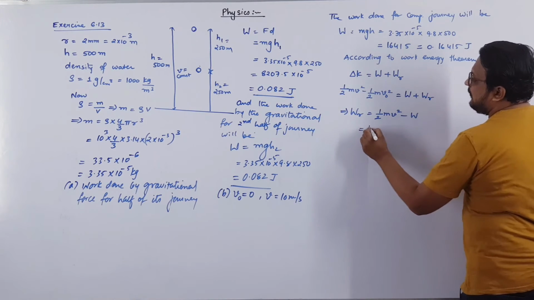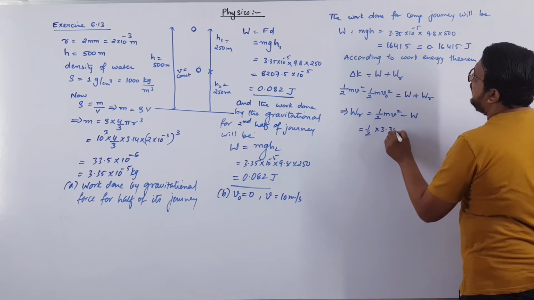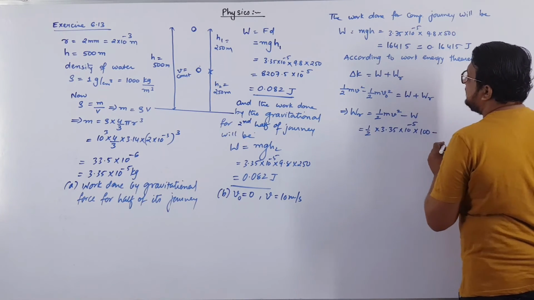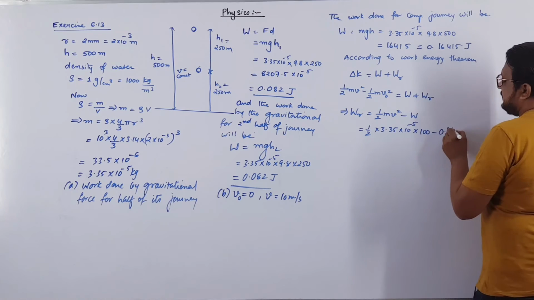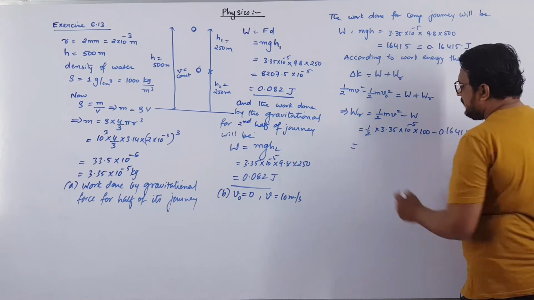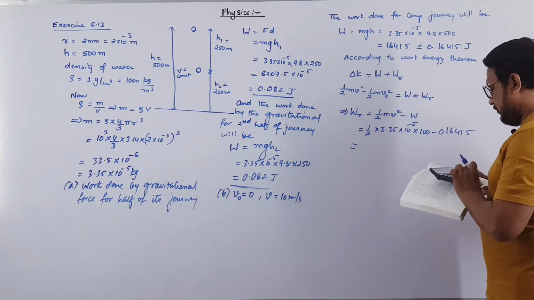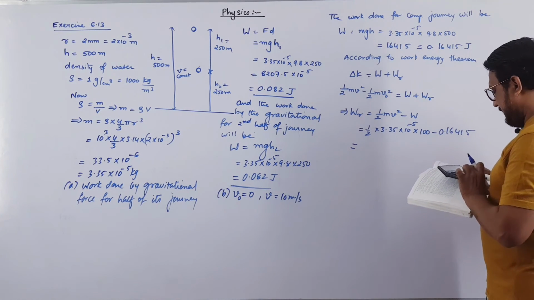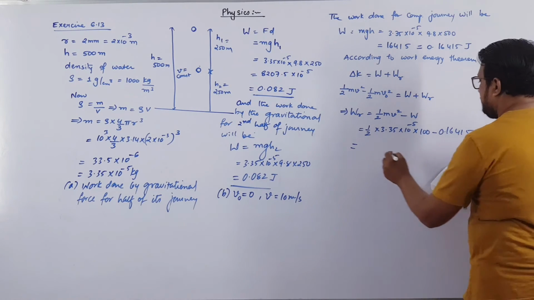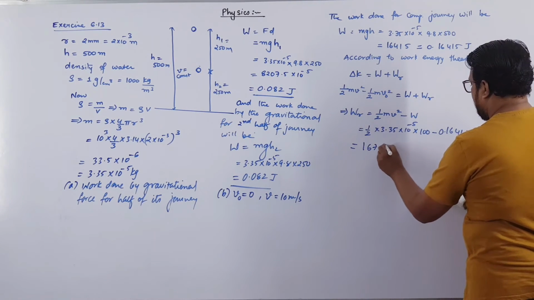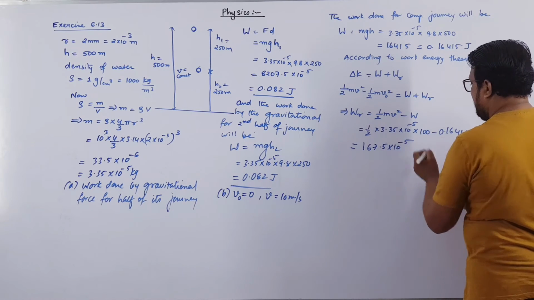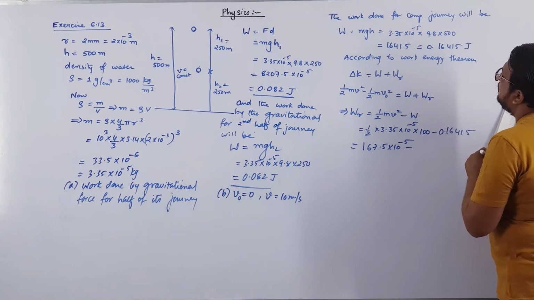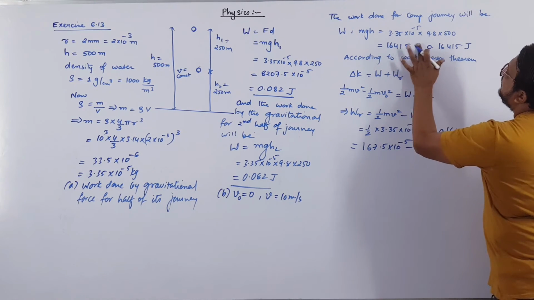So half m is 3.35 into 10 to the power minus 5 into 10 square, which is 100, minus 0.16415. Let us do it directly. 3.35 into 50 is 167.5 into 10 to the power minus 5, minus, actually here we forgot to write 10 to the power minus 5.